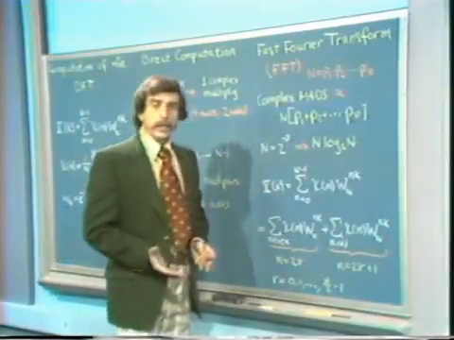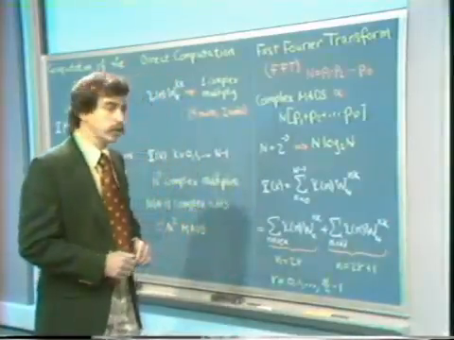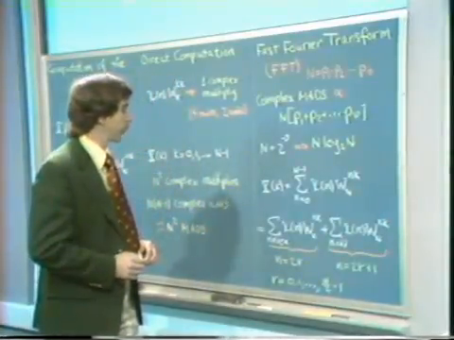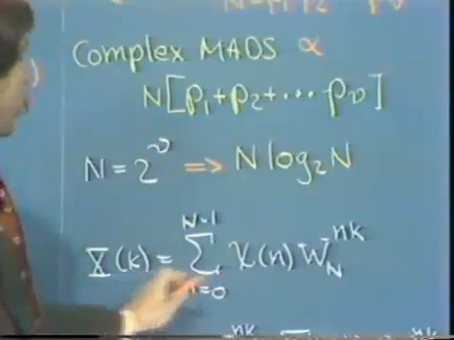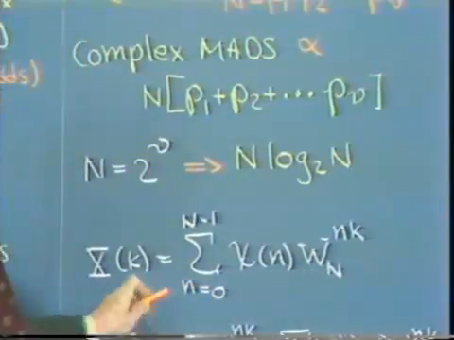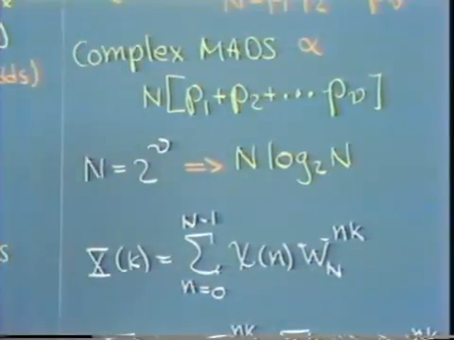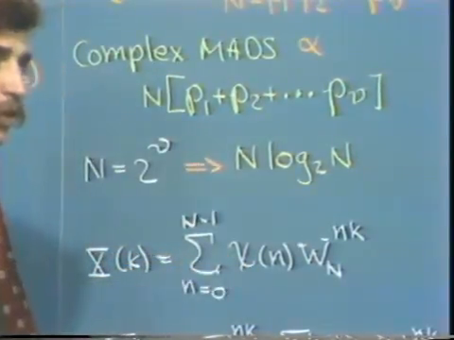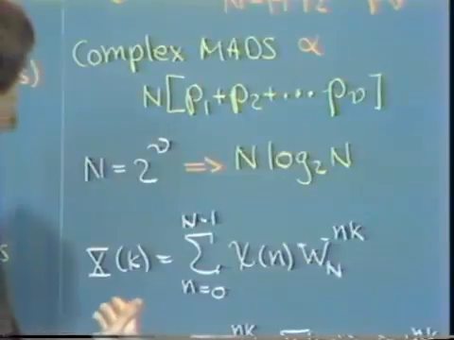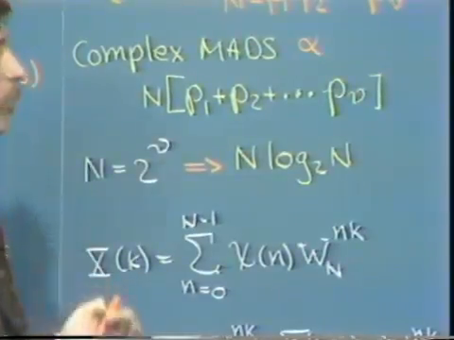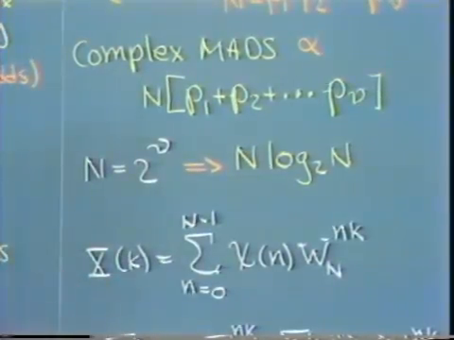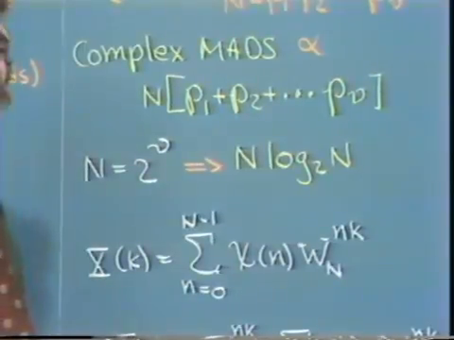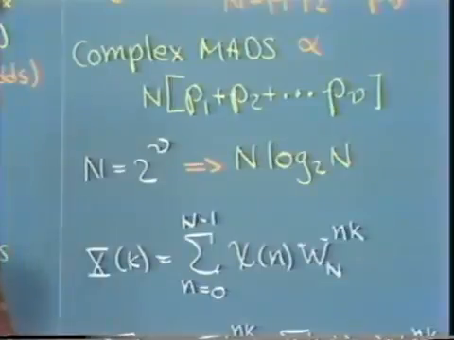Well, basically, the idea behind the fast Fourier transform algorithm is to decompose the computation of the discrete Fourier transform into a set of subsequences, and this generates a class of forms for the algorithm which are referred to as decimation in time forms of the algorithm.